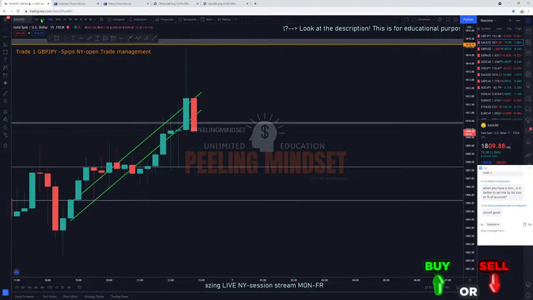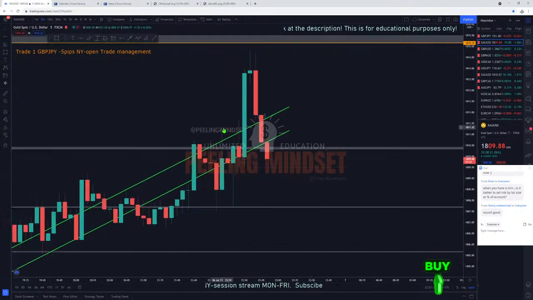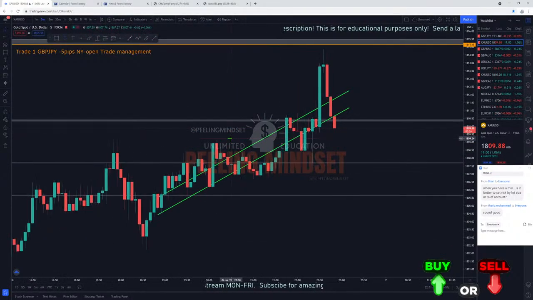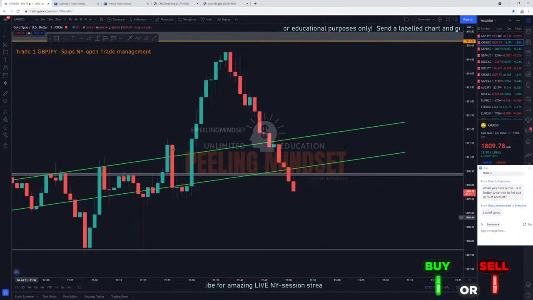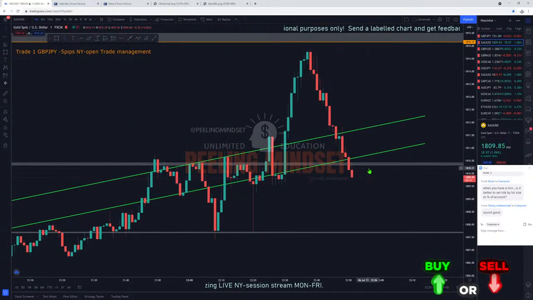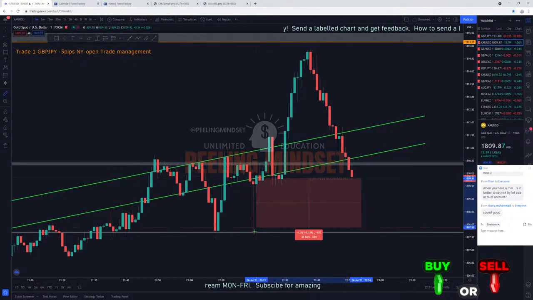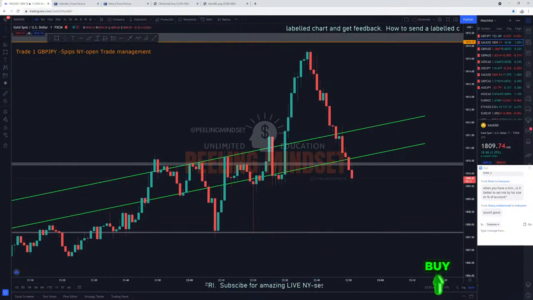Wow. Ooh, it's pushing down. Gold is pushing down. Wow, it's pushing down pretty solid here.